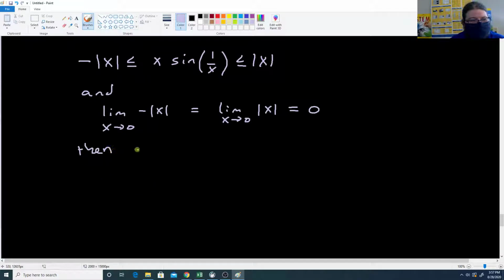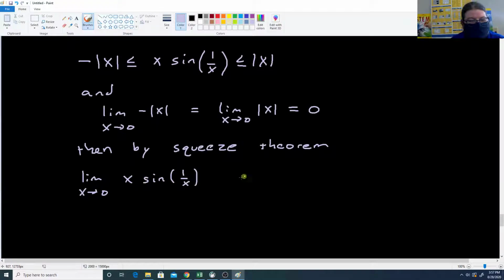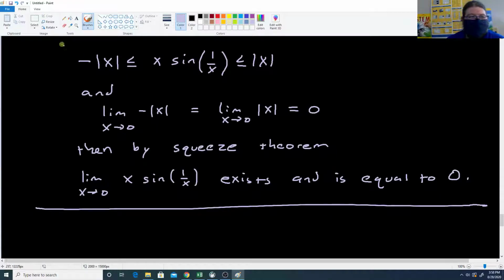So then, by the squeeze theorem, the limit as x approaches 0 of x sine of 1 over x exists and is equal to the same limit that these both approached, in this case 0. Okay, so that's if we were going to write it up.